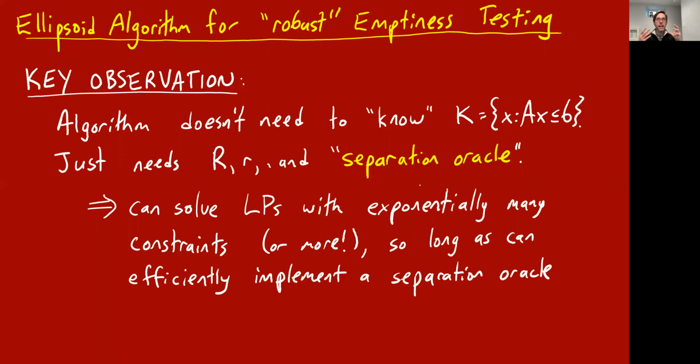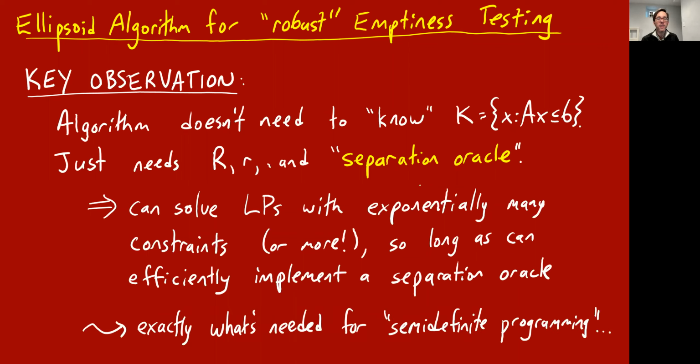Imagine an LP that an algorithm wants to solve that has n variables, maybe polynomial, but maybe exponentially many constraints. The algorithm cannot explicitly write the LP down. But as long as it can solve the task of, given a point, testing whether it's in the LP, and if it's not, finding a separating hyperplane, then you can use the ellipsoid algorithm to solve the linear program.